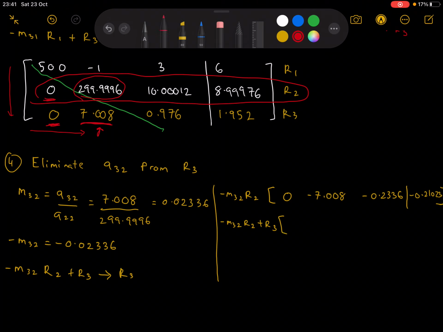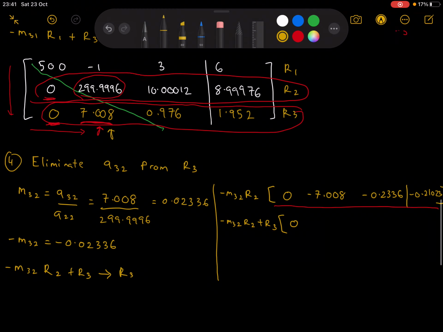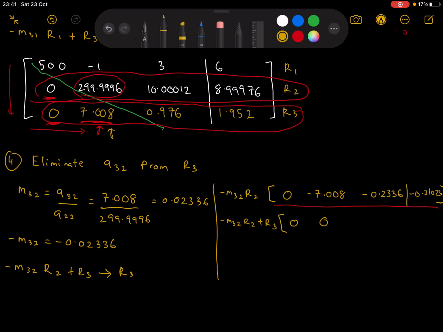So basically we're going to add all the values here with all the values from row number 3. Okay, so this one will become 0. Negative 7.008 plus 7.008 becomes 0.